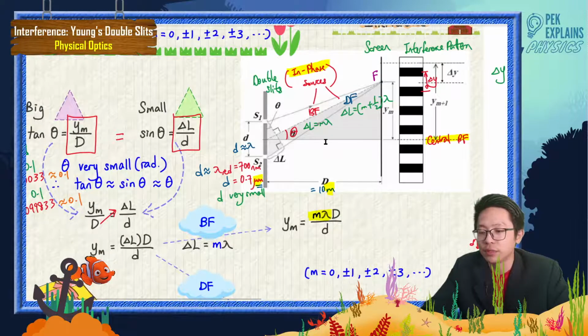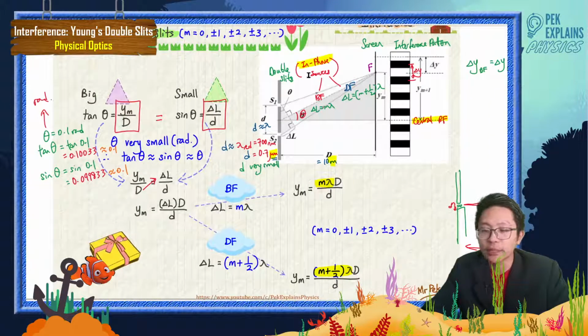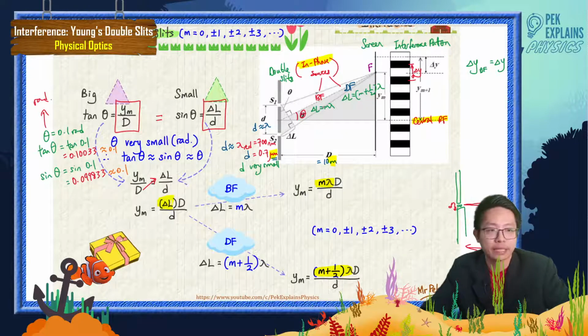Because the double slit is an in-phase source, to produce a bright fringe the delta L must be m lambda. So this delta L over here, to form a bright fringe, the delta L is substituted with m lambda. For the dark fringe, the delta L is substituted with m plus half lambda.